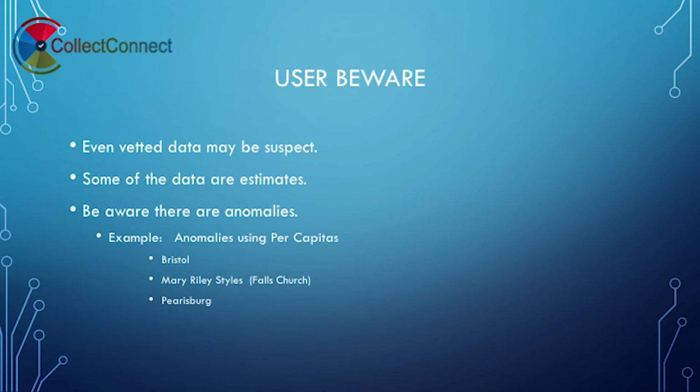User beware. Even vetted data may be suspect. There may be occasions when counting hasn't strictly adhered to the element's definition. Some of the data are based on estimates. Reasonable estimates are encouraged. Be on the lookout for anomalies among libraries. An example is using per capitas.